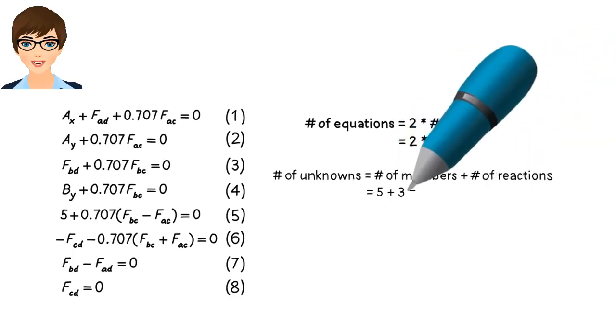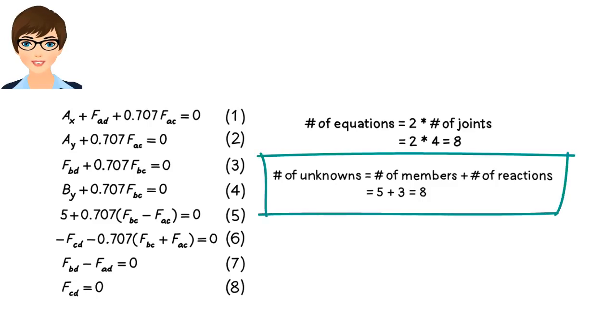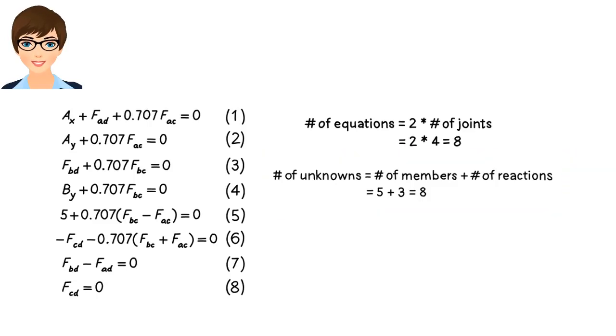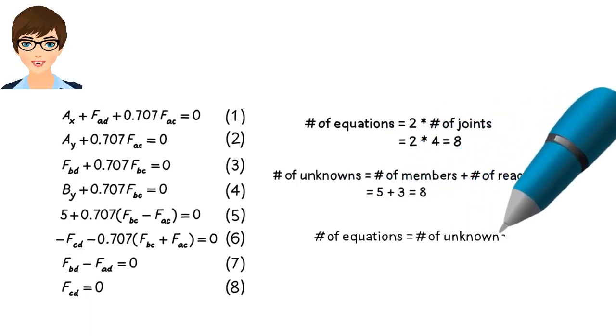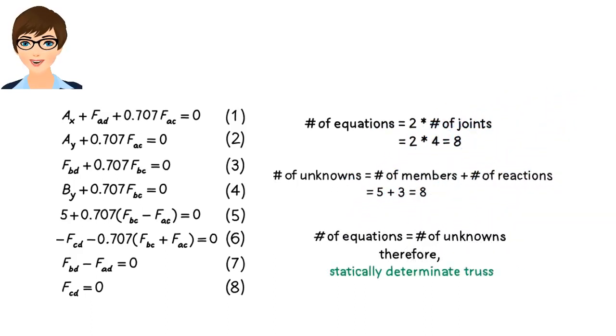And since the truss has 5 unknown member forces and 3 unknown support reactions, we get a total of 8 unknowns. Since the number of equations equals the number of unknowns, we can easily solve the equations for the unknowns. We can either solve the equations simultaneously using a standard technique such as the Gaussian elimination method, or we can use shortcuts to speed up the calculations.